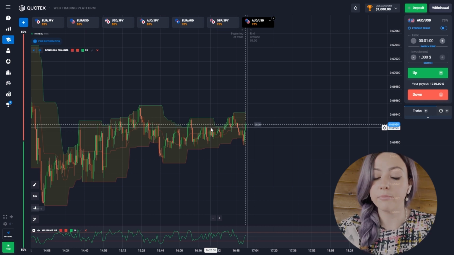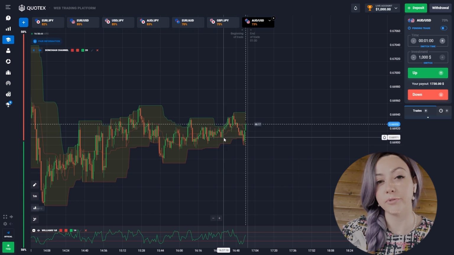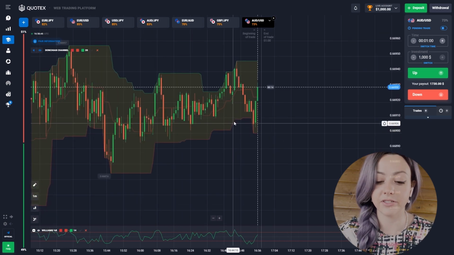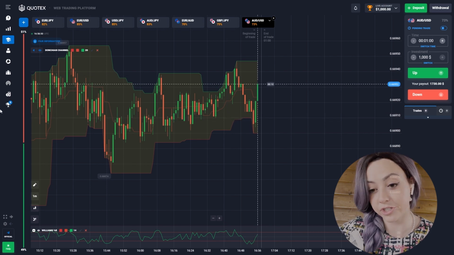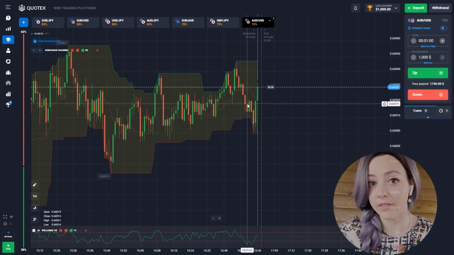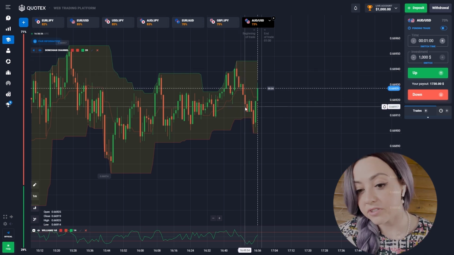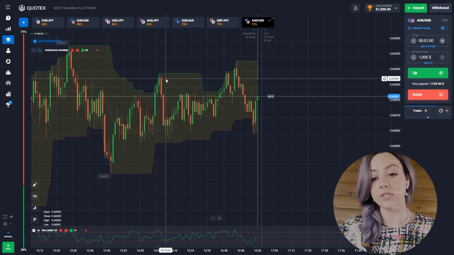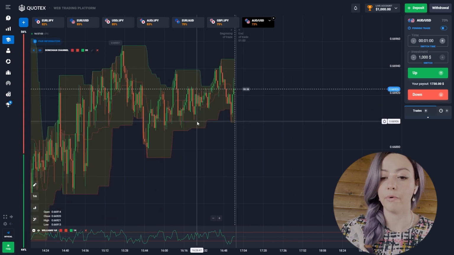It is the gap between price floor and price ceiling, and it is really helpful for watching the volatility of the market. So wherever the Donchian channel is going, the trend follows this way as well. The general trend is going down, but right here you can see a little volatility.